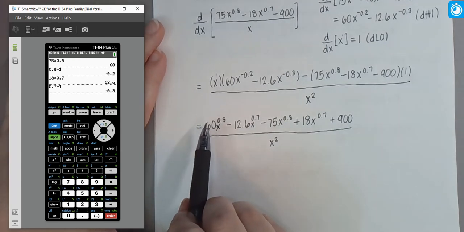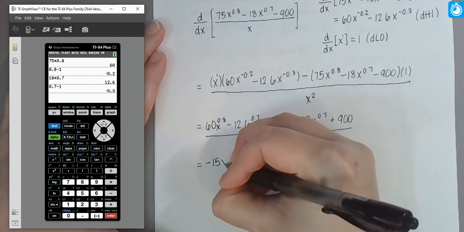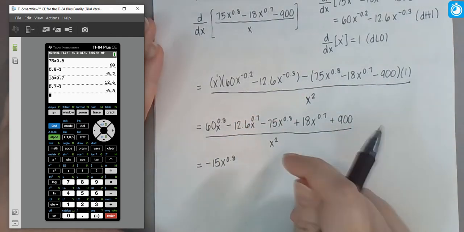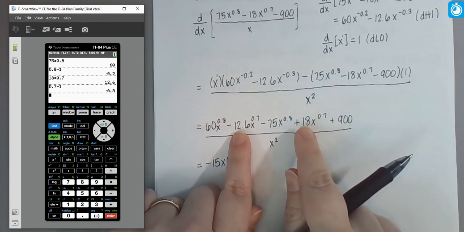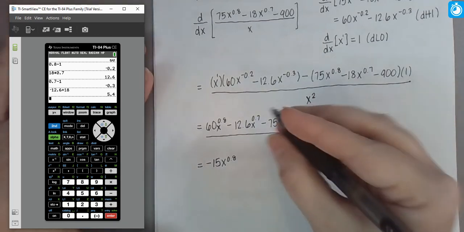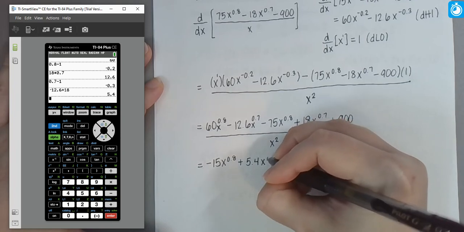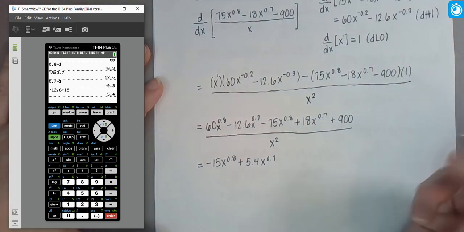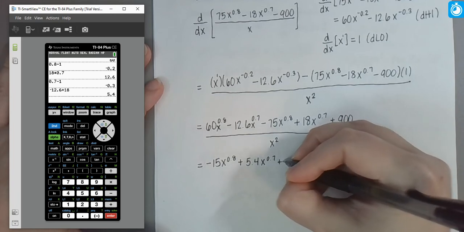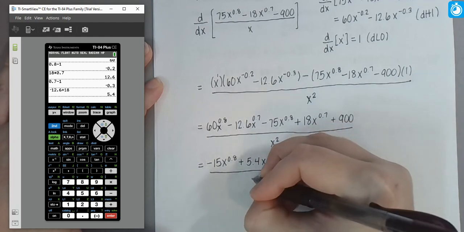So 60 minus 75 is going to be negative 15 x to the 0.8, negative 12.6 plus 18, let's just verify it in the calculator, it's going to be positive 5.4, so plus 5.4 x to the 0.7 power plus 900 divided by x squared.